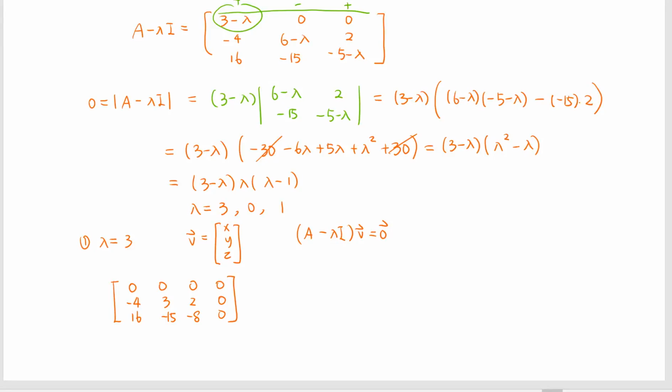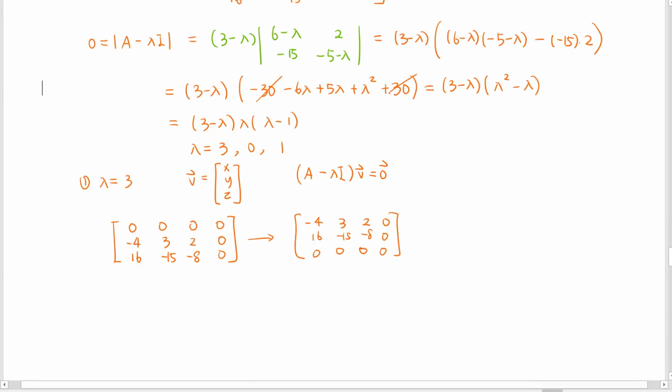Okay, so let's swap rows. Let's move row 1 to the end. So we're swapping all of them: my row 2 is going to be my row 1, my row 3 is going to be row 2. So swap all the rows, move row 1 to the last one, because for the echelon form, we want the row consisting of all zeros to be the last row.